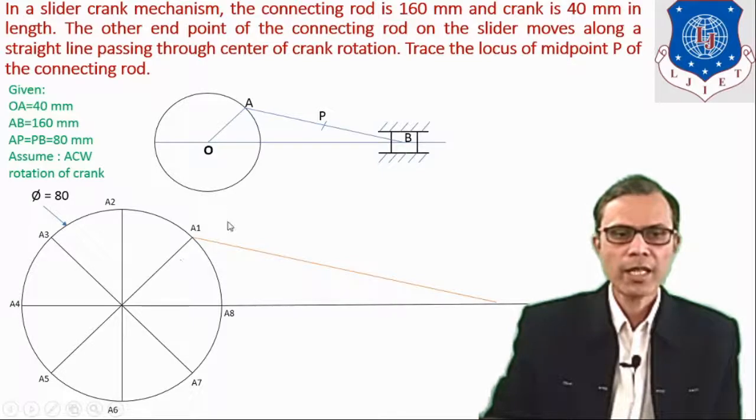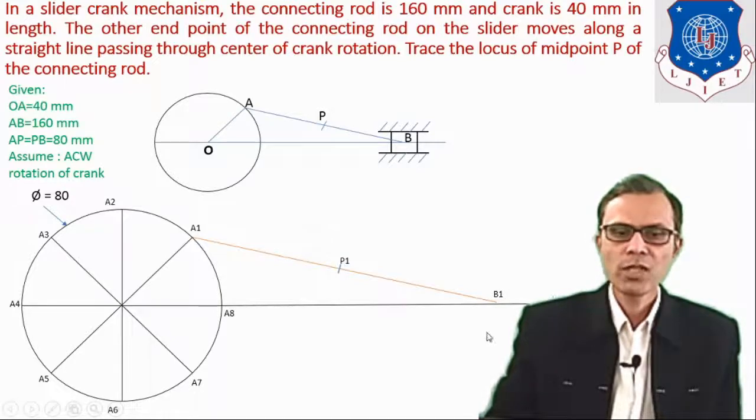So starting from A1 as the center, take compass size equal to the length of connecting rod, that is 160 mm, and draw an arc on this line. Where it intersects, that is the position of the slider. So here it is the intersecting point, and it is point B1.